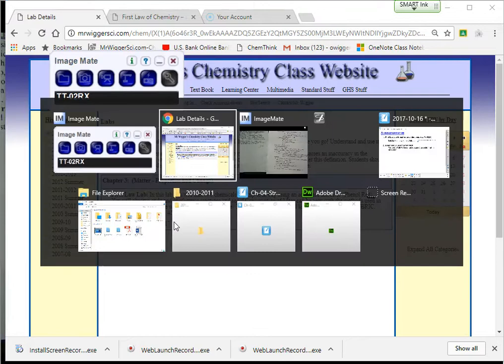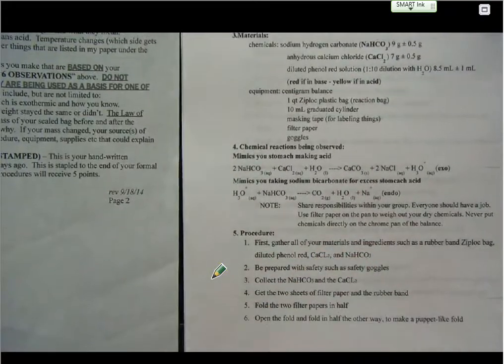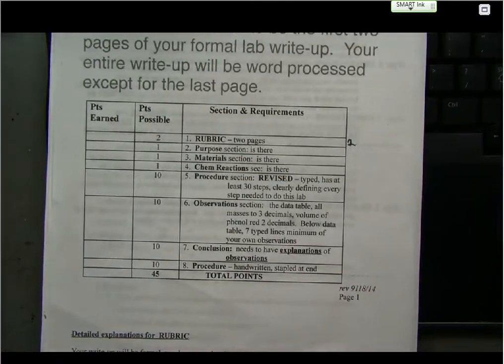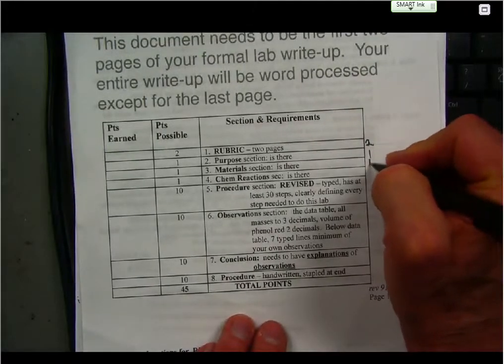And let's go to the page where we're trying to see. There we are. All right. So I'm looking now at purpose, and the purpose is there, so I can grade that as a 1. And then I'm going to materials. Is the materials section there? Yes, it is. Okay, so she gets a 1 for that.